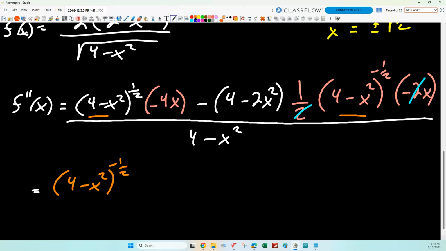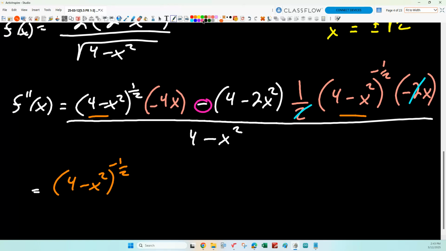I don't think so. Where's a negative 4 in the second term? Where are you looking? This is the minus sign that separates the two terms, right? I can't take a 4 out of the second one. We could take a 2 out, I guess, if we wanted to.